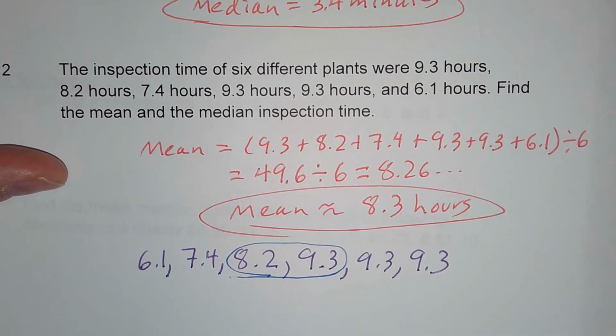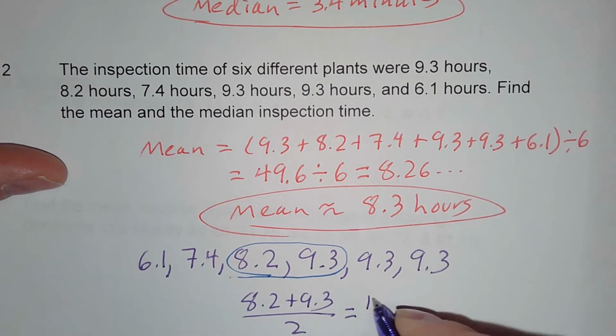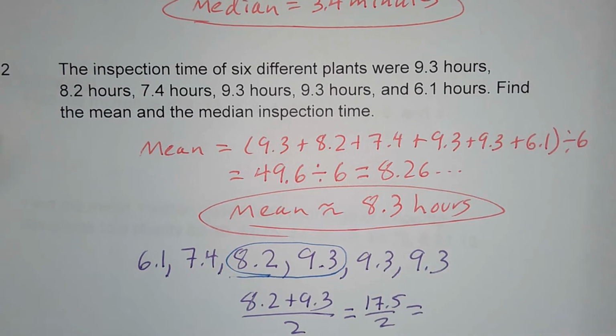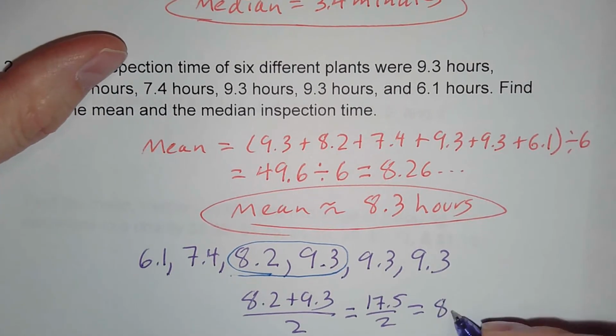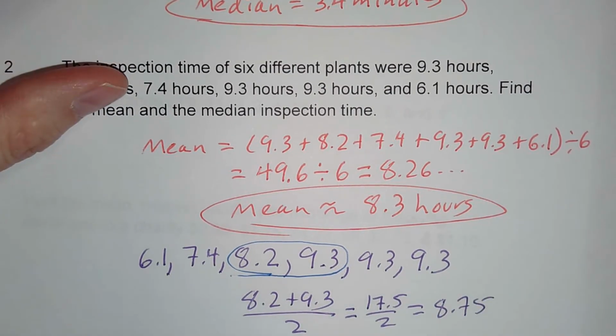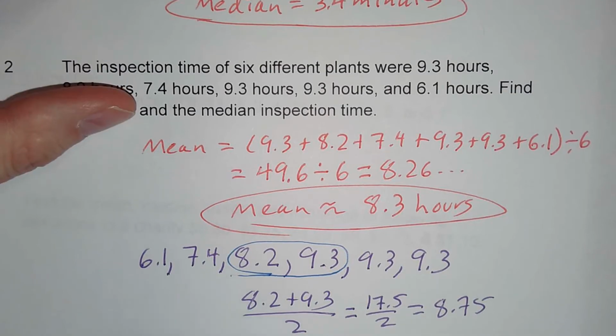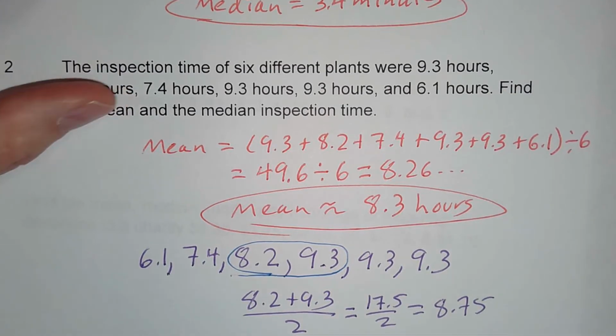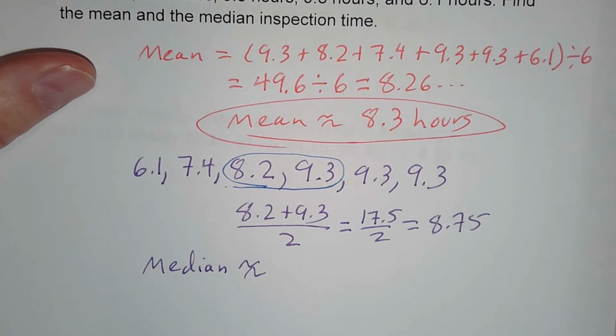I need to add them together and divide by 2. So I've got to go halfway between them. So 17.5 divided by 2. And doing that on your calculator will give you 8.75, which, rounding to the nearest tenth, would give us a median of about 8.8 hours.